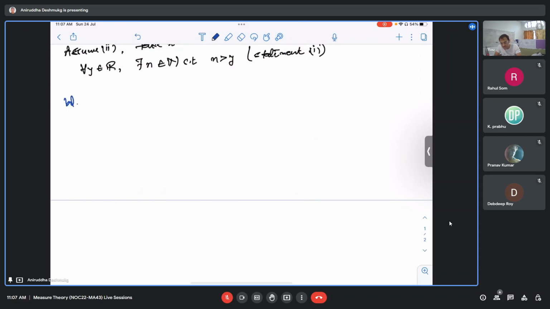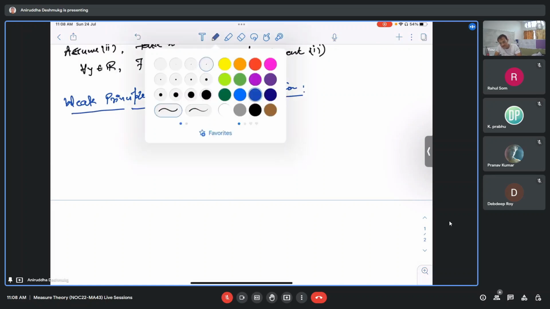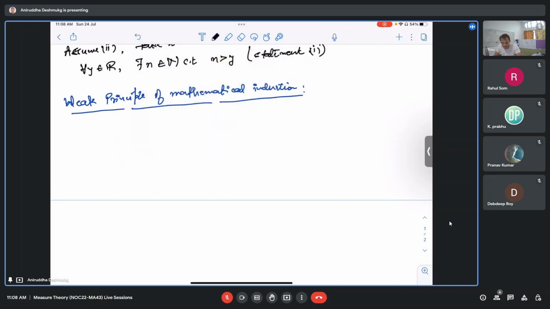So first let us see the weak induction, the principle of mathematical induction. What it says is: let A be a non-empty set inside N, the set of natural numbers.